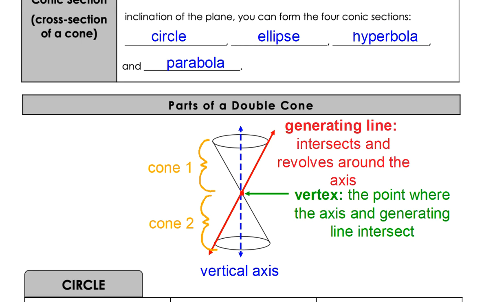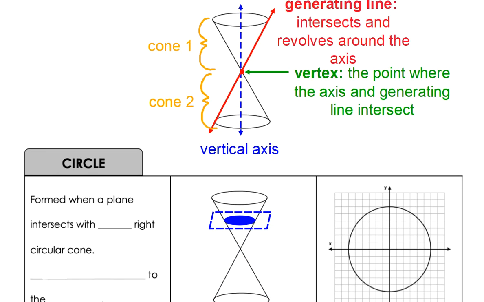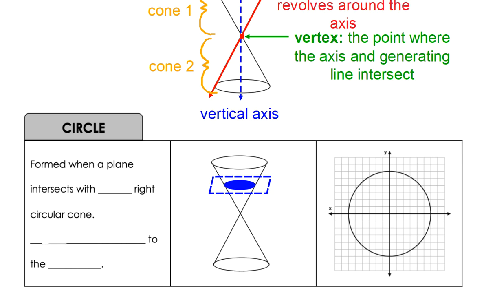Again, we're going to intersect that with different planes, and depending on how we move that plane, it creates our 4 different conic sections. So let's look at our first one. The first conic section that can be formed is a circle. This happens when a plane intersects one of the right cones, either the top or the bottom, and it intersects perpendicular to that axis.